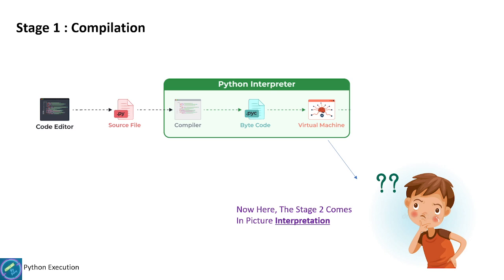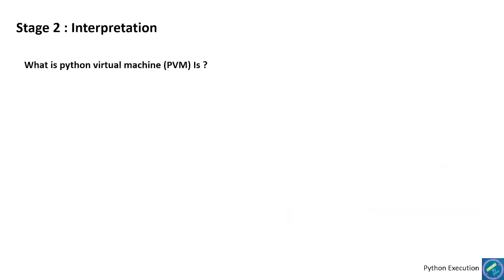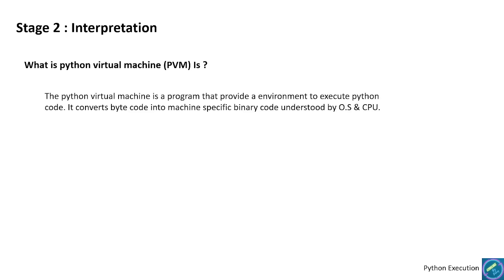Now stage 2 comes into the picture, that is interpretation. Let's see what the Python virtual machine is. The Python virtual machine is a program that provides the environment to execute Python code. It converts the bytecode into machine specific binary code that is understood by the operating system or CPU. The bytecode generated by the compilation process, which is platform independent code, is run, or interpreted, by the Python virtual machine.